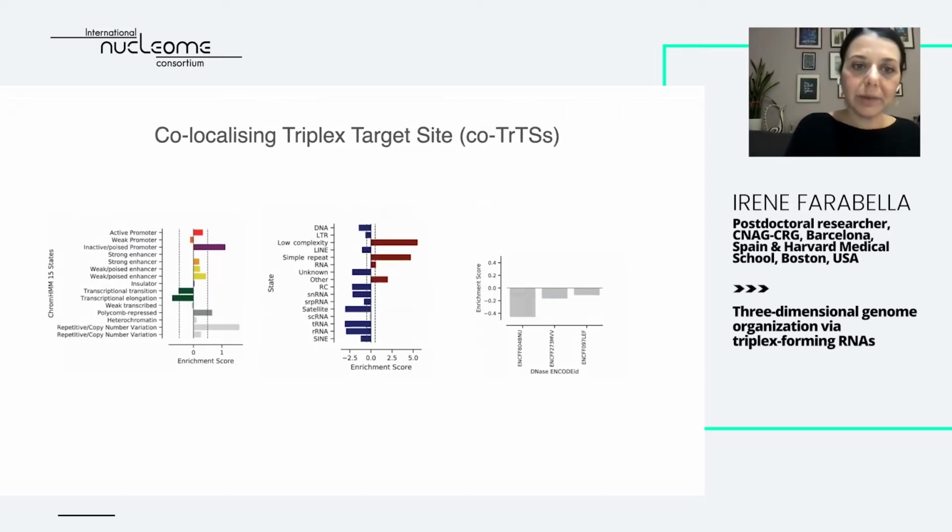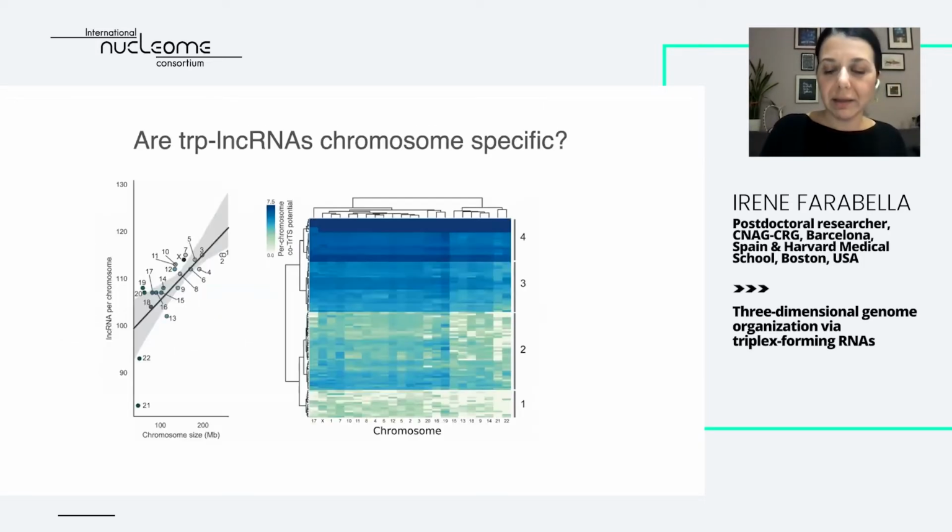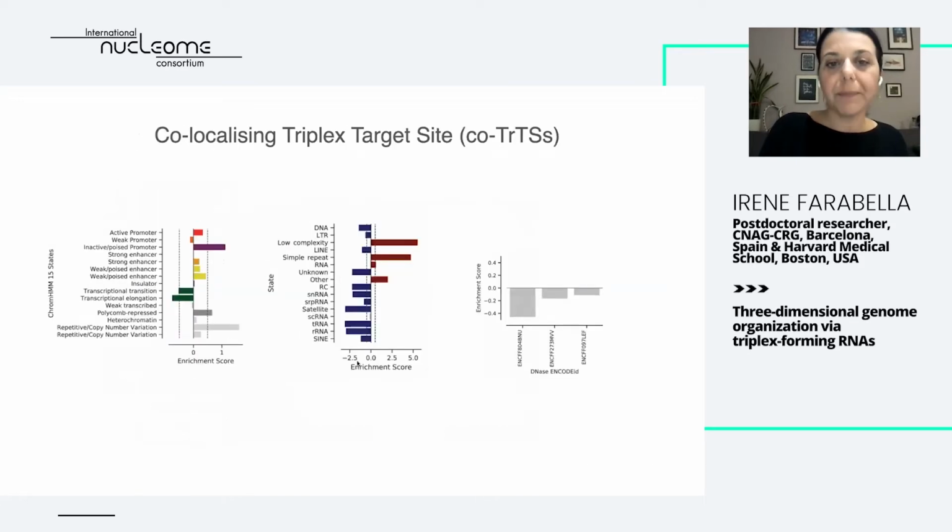These hotspots are enriched in poised chromatin and in repeated chromatin, and especially in low complexity repeats and simple repeats, suggesting that this recognition or interaction between the long non-coding RNA and these particular genomic loci via triplex formation can be a really widespread mechanism along the genome.